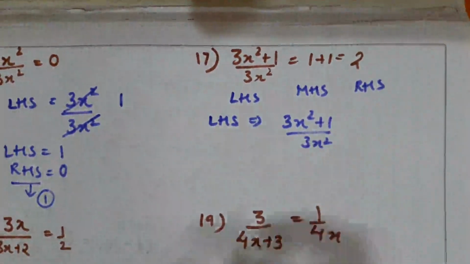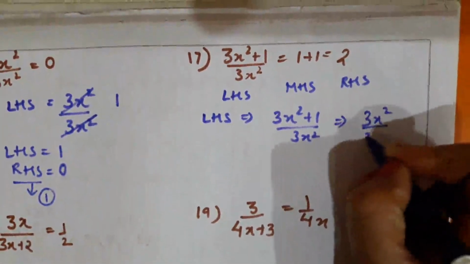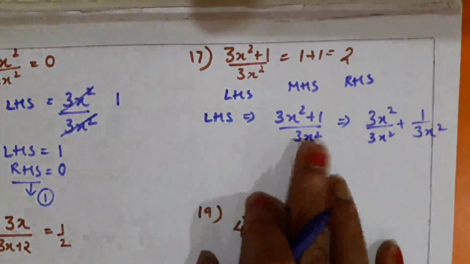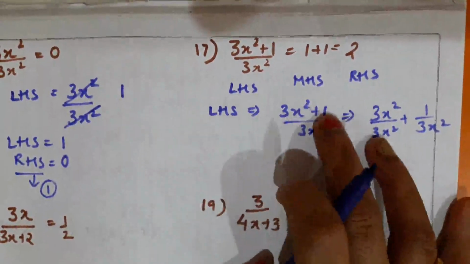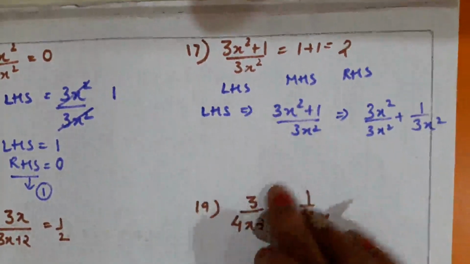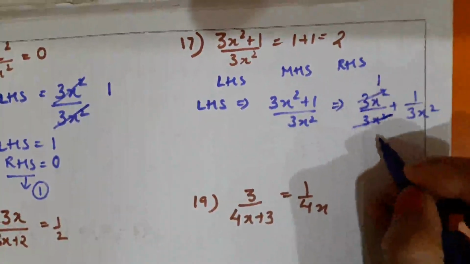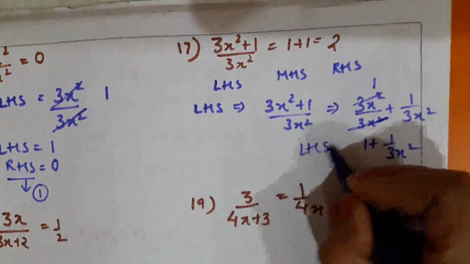Instead of this we can distribute it as 3x squared upon 3x squared plus 1 upon 3x squared, because the denominator 3x squared belongs to the 3x squared and to the 1 also, both. So we are just spreading this thing. Okay, so they cancel out each other. 1 is there, so 1 plus 1 upon 3x squared. So this is your leftmost side.